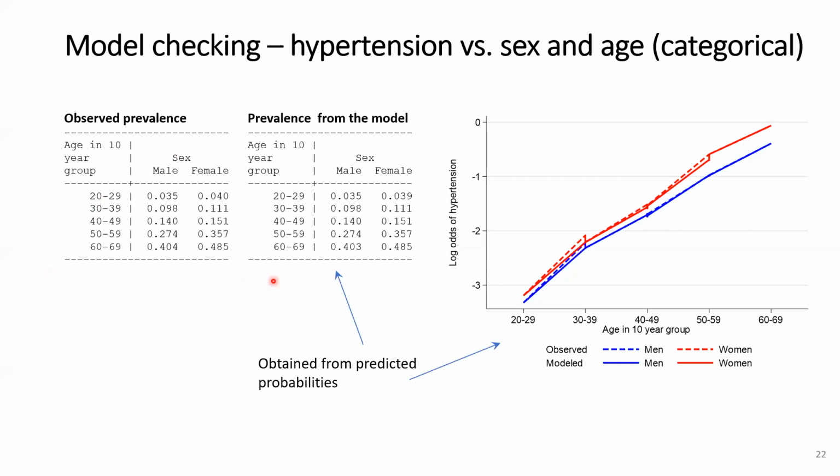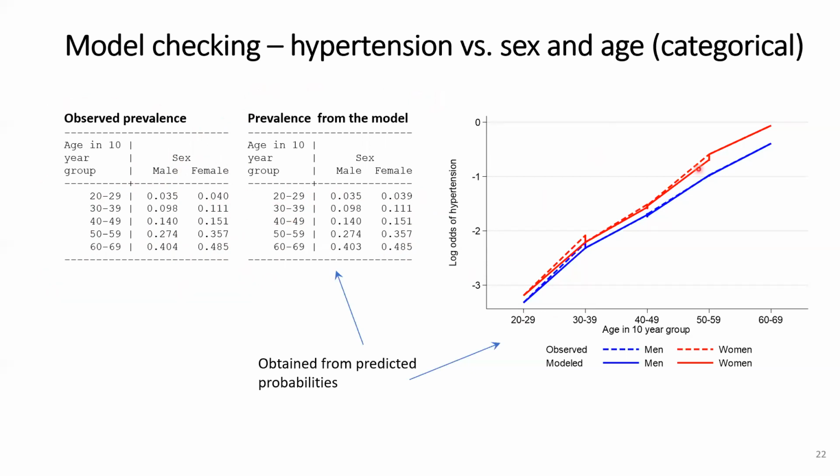And this table shows the same quantity, but based on predicted probability. When you compare the tables, you realize that they are almost identical. Maybe only this one, it was 4% here, but now 3.9%. Apart from that, they're the same. This is how we can assess using a table.